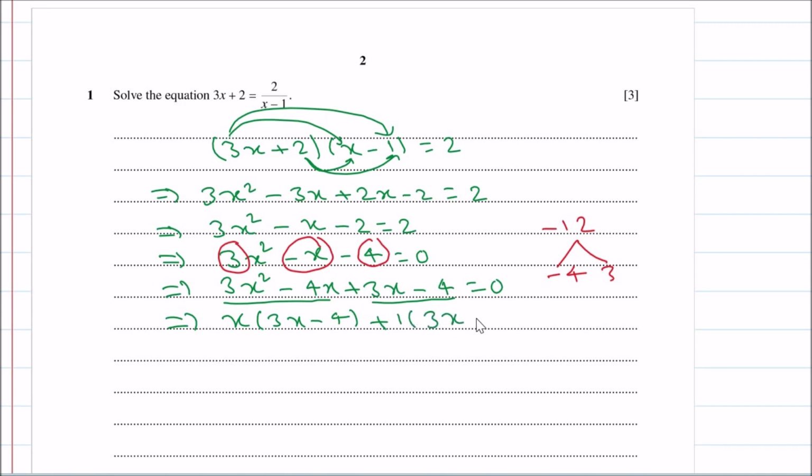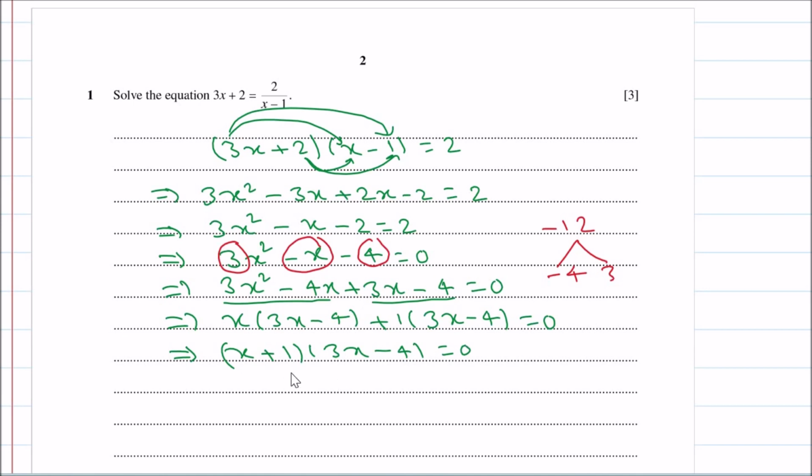So 1 times 3x minus 4 equal to 0. Now this implies that x plus 1 into 3x minus 4 is equal to 0.